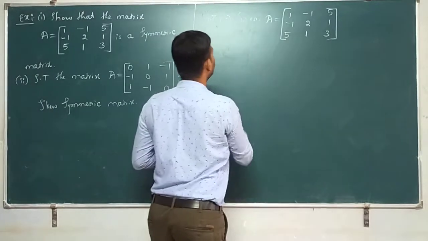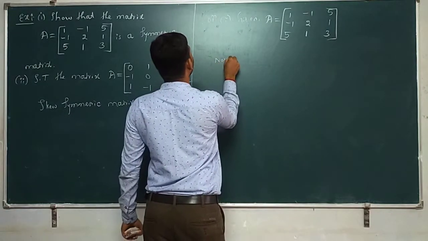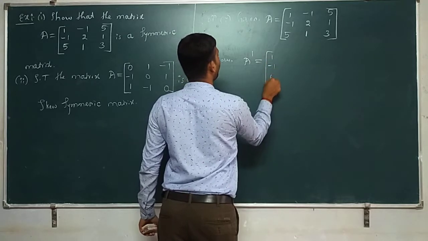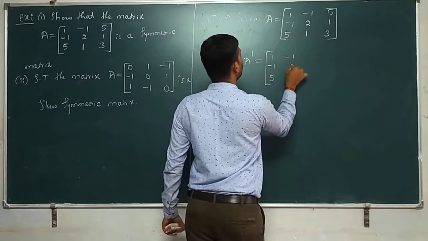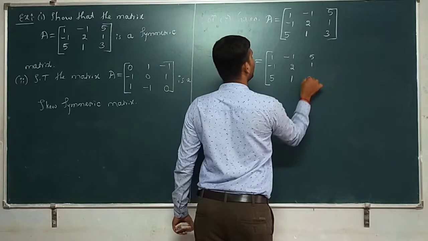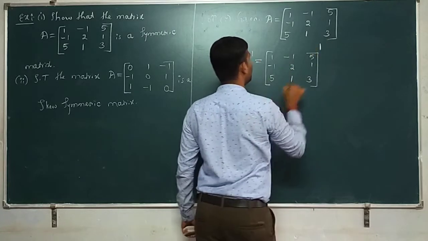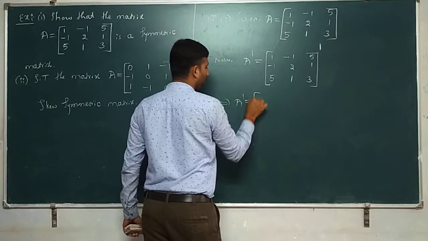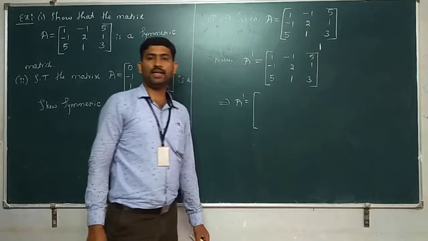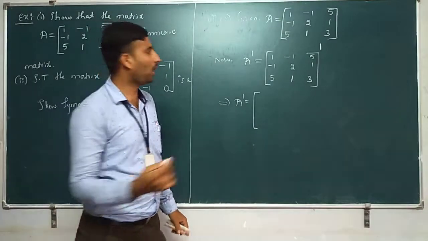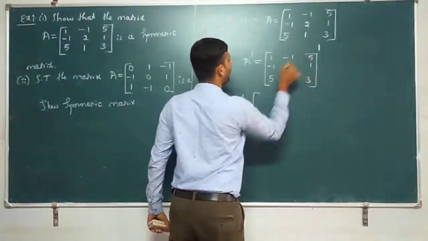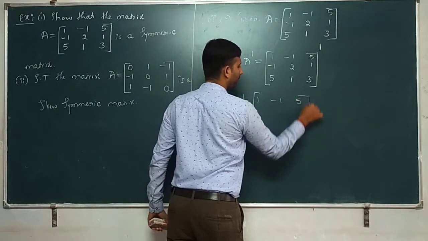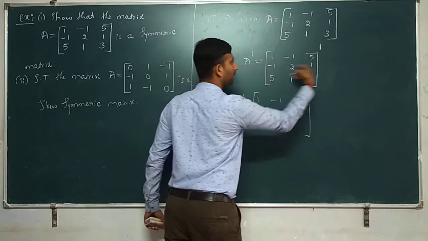For that I will take A dash is equal to the transpose of 1 minus 1 5, minus 1 2 1, 5 1 3. Transpose of a matrix means the rows become columns. You write it as 1 minus 1 5. Correct? Rows become columns.